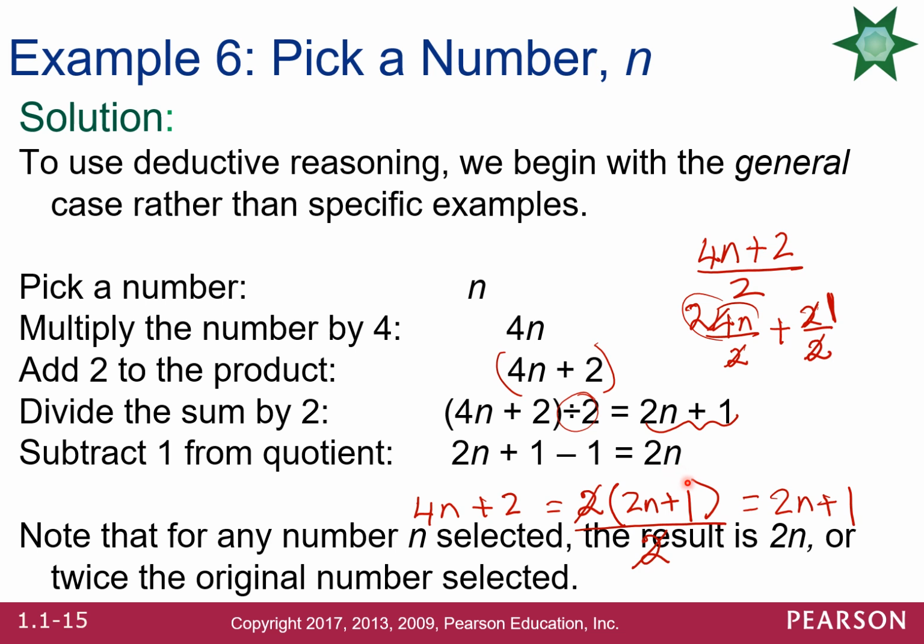The relationship between the initial value and the end value: n was what we started with, and the final answer was 2 times whatever n was. Now we can go ahead and plug in different values for n, go through this exercise, and it'll always have an end result which is double the initial value.